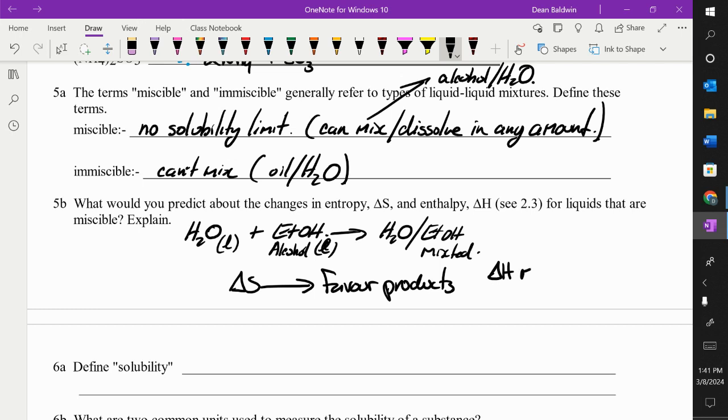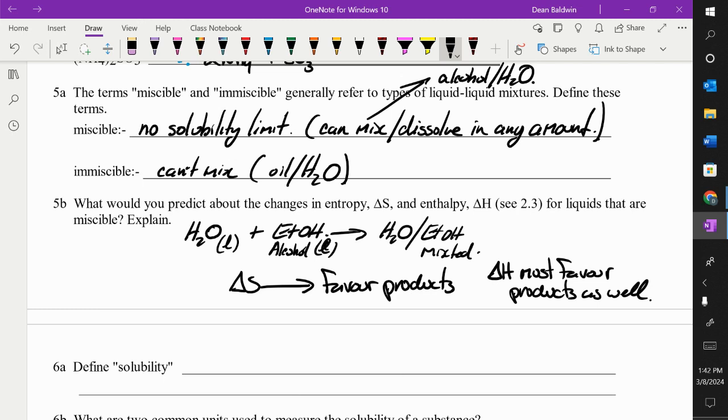Delta H must favor products as well. So if delta H favors the products, is this an endothermic or an exothermic reaction?